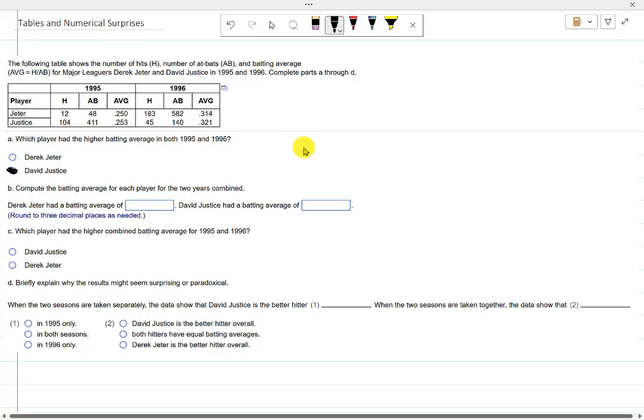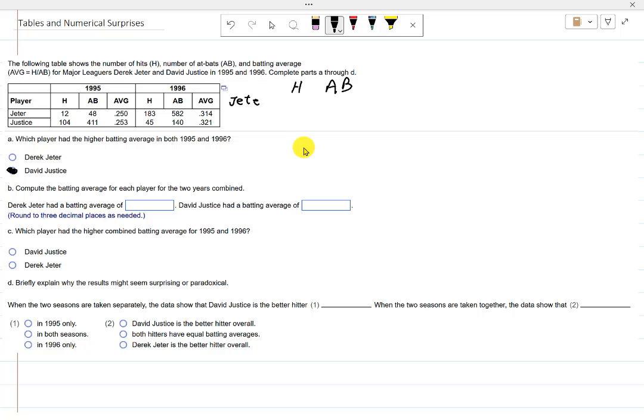Now, overall, though, which is part B, compute the batting average for each player for the 2 years combined. I'm going to have the at-bats and the hits for Derek Jeter and Justice.